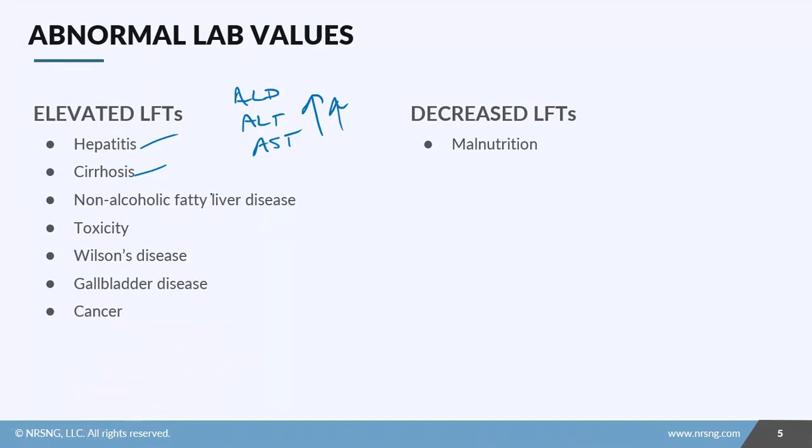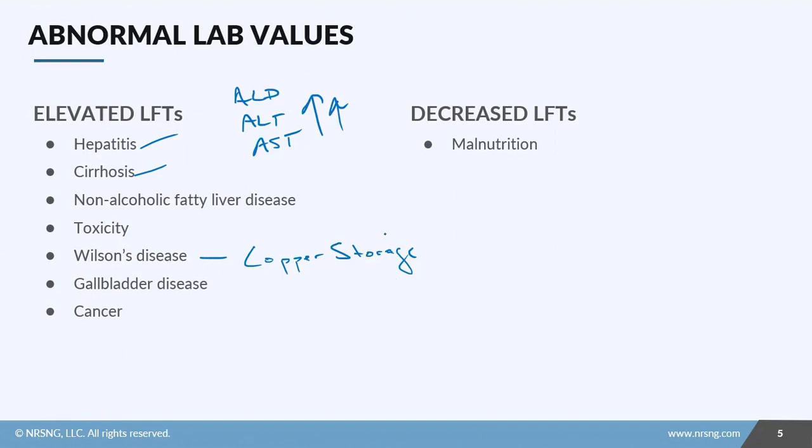There's also a condition called non-alcoholic fatty liver disease. That's going to cause changes in your liver levels. You've got different types of toxicities. There's also another condition called Wilson's disease or copper storage disease. So the liver is responsible for eliminating copper, but when the liver is impaired, it's not going to be able to because of this autoimmune disease. So you get this buildup of copper, and it's going to cause this increase in those liver values.